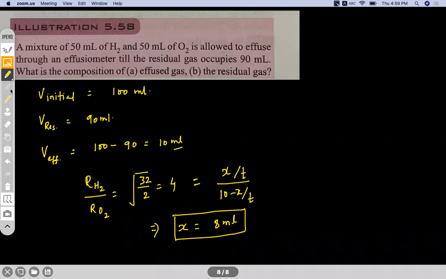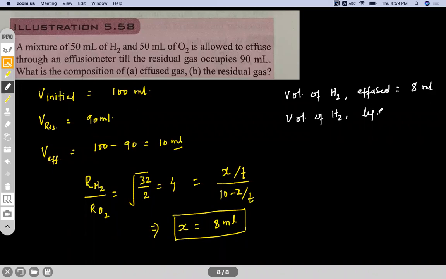Hence the answer for this question is volume of H2 effused is equals to 8 ml. Volume of H2 left, that is the residual, 50 minus 8, that is 42 ml.